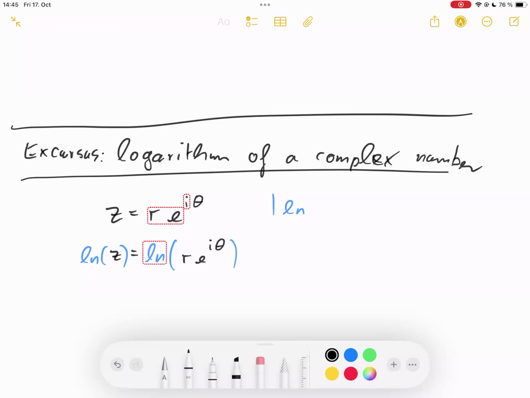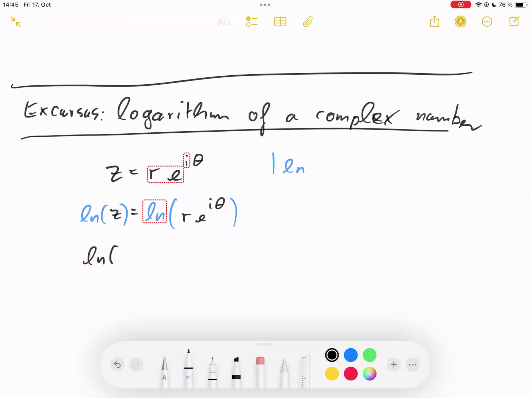Since we have this product here, the logarithm of the product is the sum of the logarithms of the components. So the logarithm of r plus the logarithm of e to the power of I times theta.